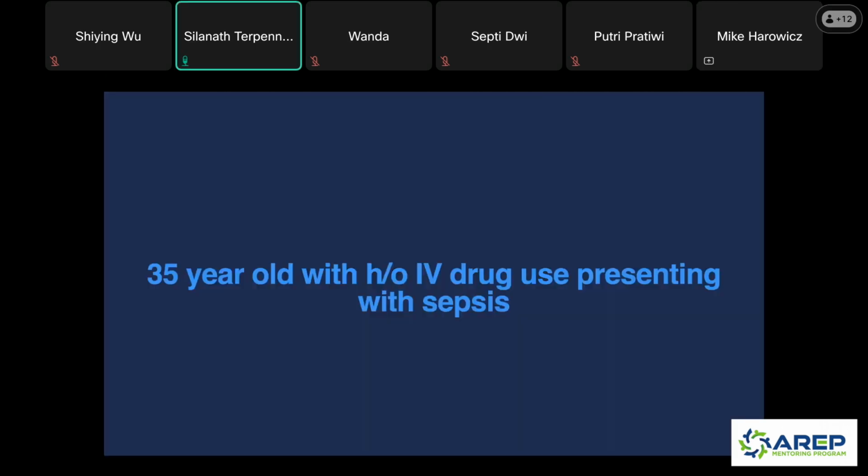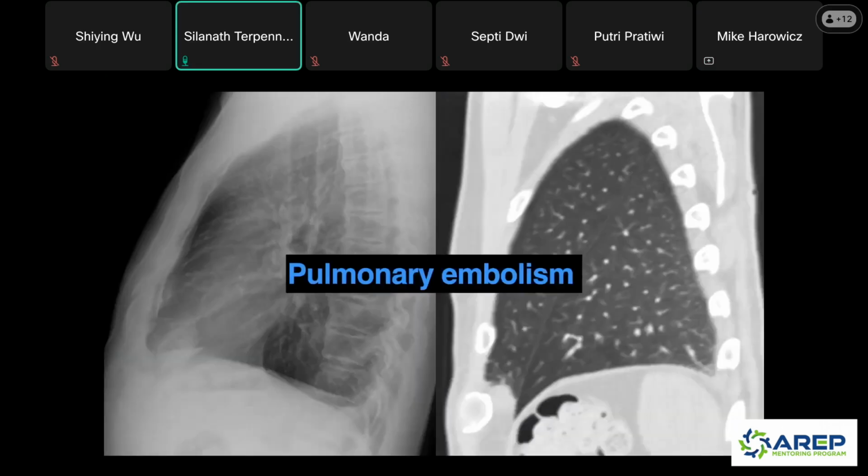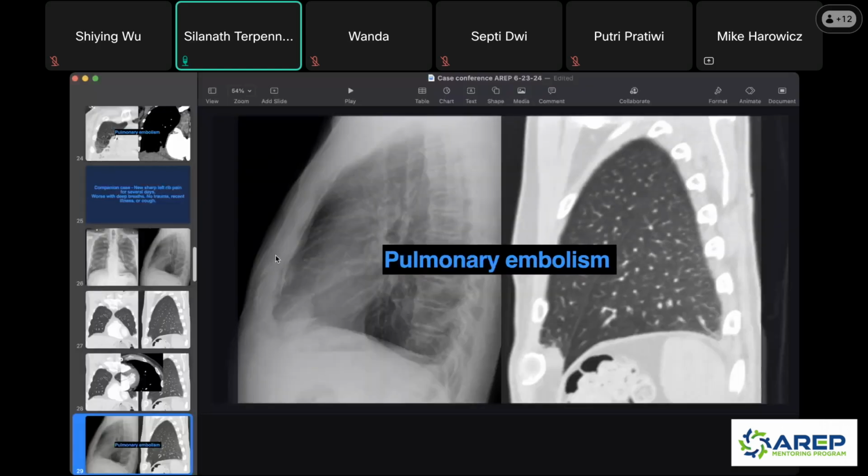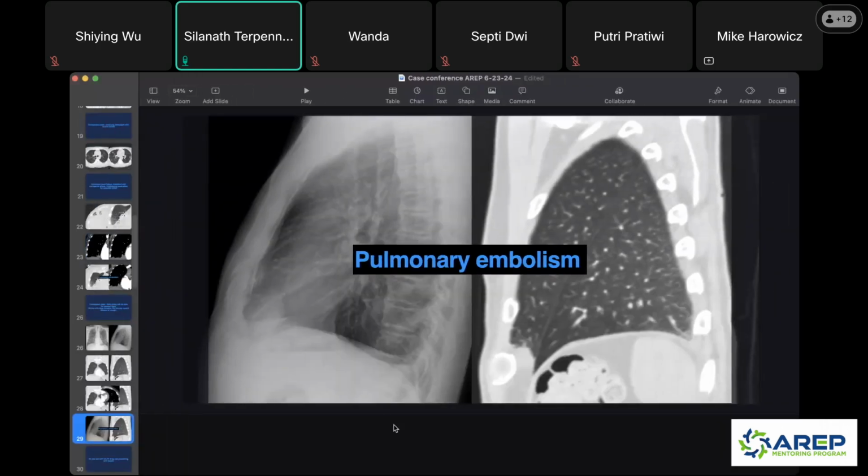Dr. Harowitz, I would like to interrupt a little bit. When you show us cases and you point out the places with abnormalities, we don't see your arrow on the screen. So it doesn't come with the arrow. We just see the images, but we don't see the arrow. I think that's the way the WebEx is built.